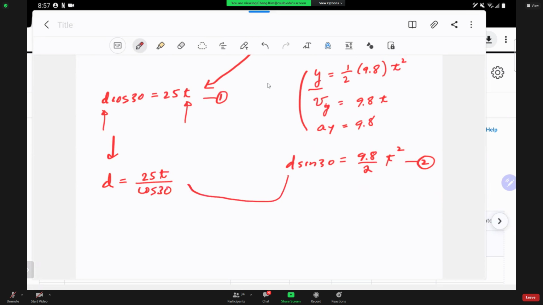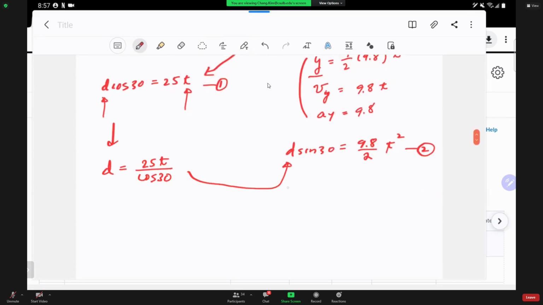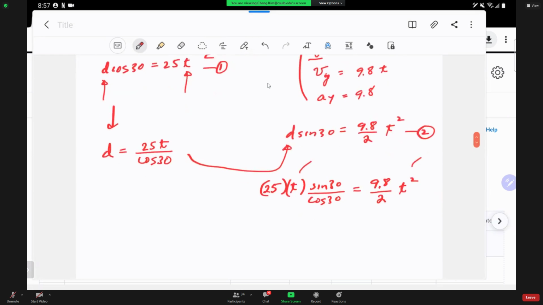And I'm going to substitute back in here. And that will give me 25t sine 30 over cosine 30 equal to 9.8 divided by 2 t squared. So I have one equation and one unknown, but it looks like it's a quadratic. So let me check that.